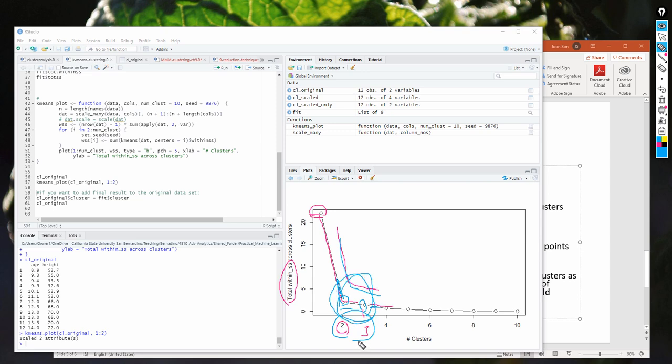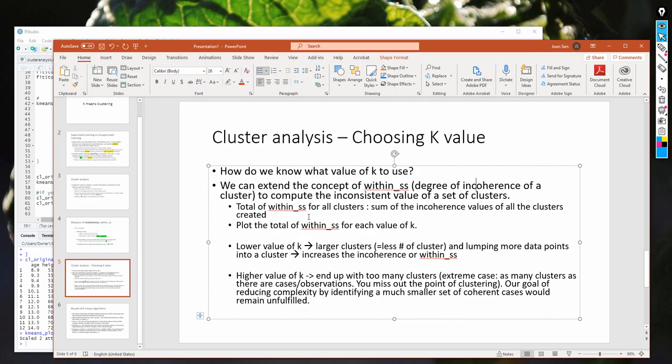Now having said that, let's take a look at this k value. We plot the values, and in this case we can choose our k value to be either 2 or 3.